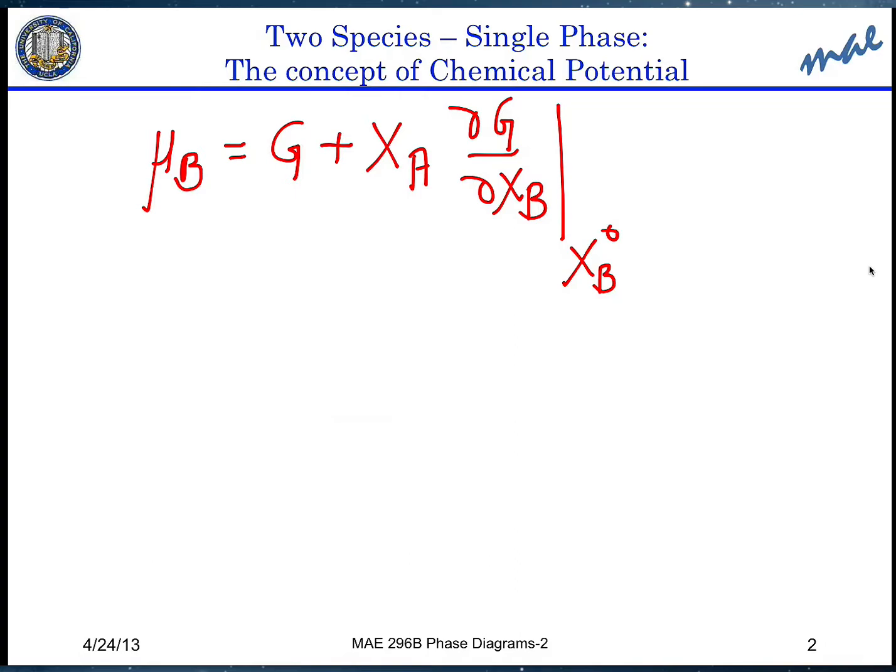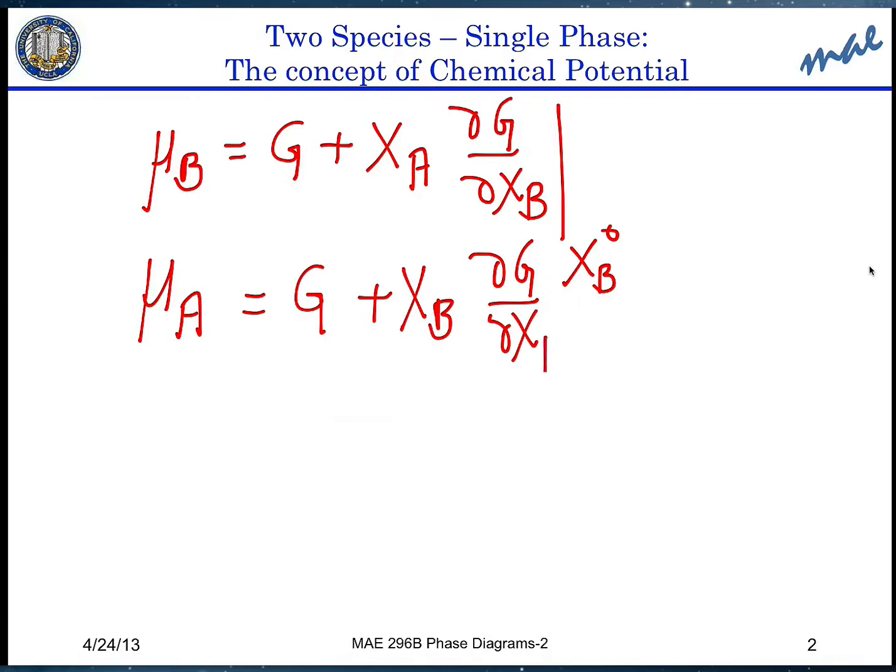And similarly, we can write mu sub A as equal to G plus X sub B times dG by dX sub A at X sub B 0. So these are two equations.